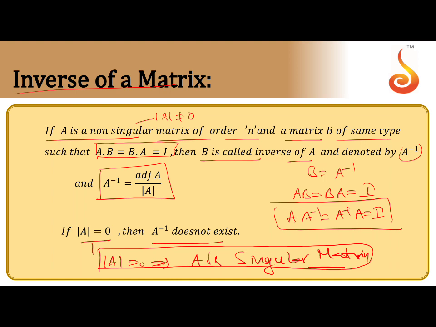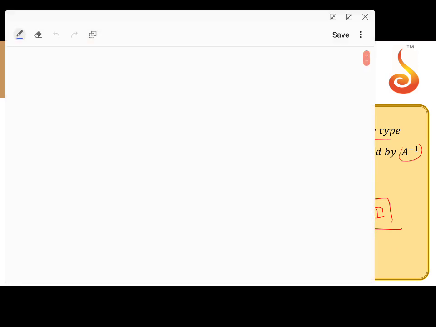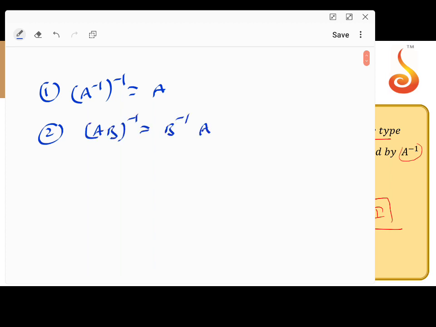Next, some properties you have to memorize for the inverse of a matrix. That means A inverse whole inverse equal to A, like A transpose whole transpose equal to A. Next, AB whole inverse equal to B inverse A inverse.